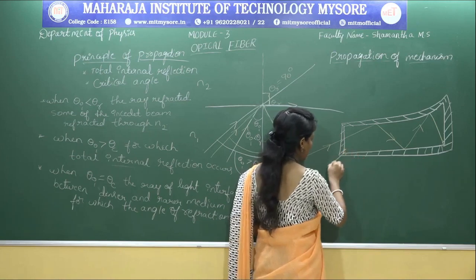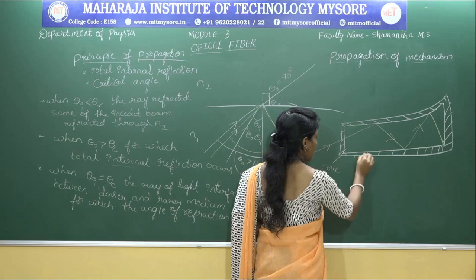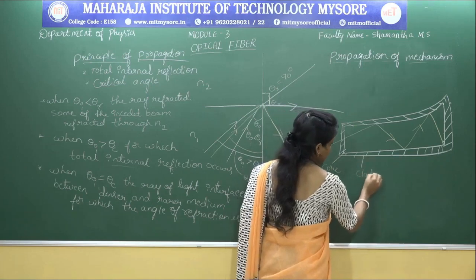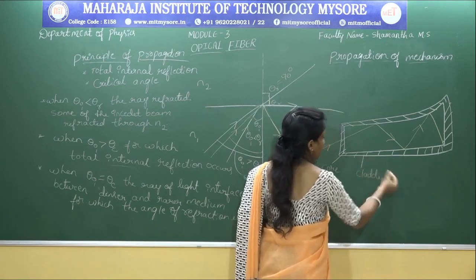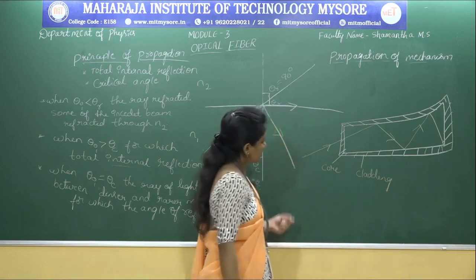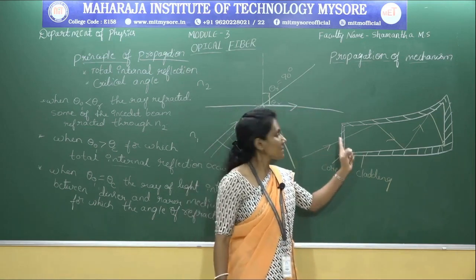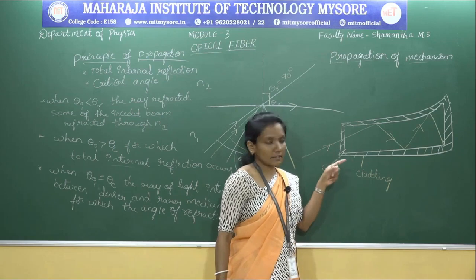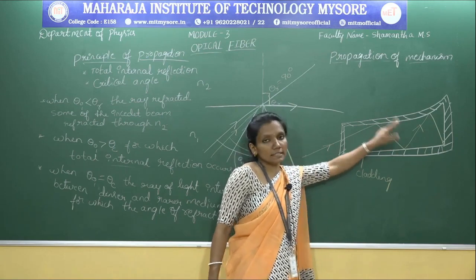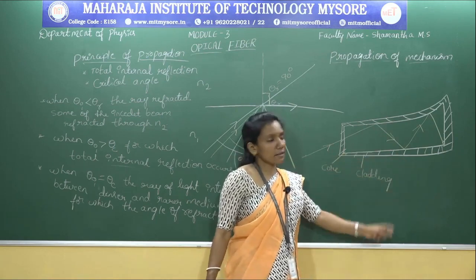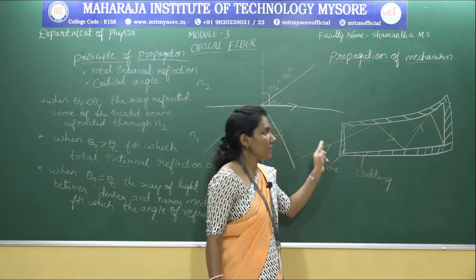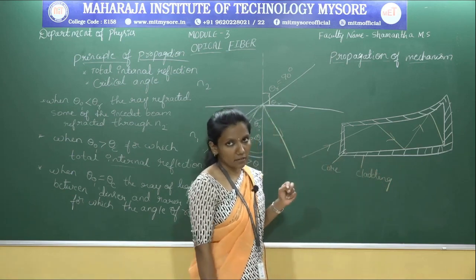So, inner core, and the cladding region. So, when the angle of incidence is greater than the critical angle, then complete total internal reflection takes place. The ray of light will travel from one end to the other end.